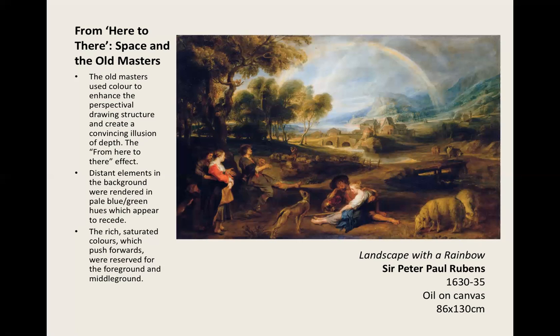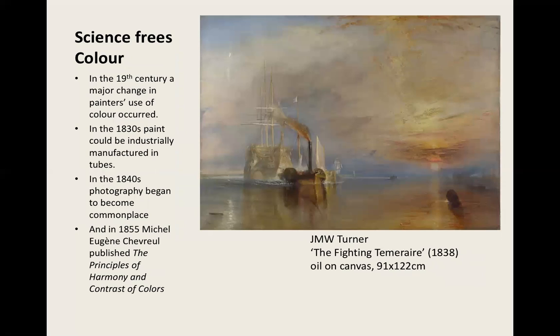It was very, very clearly understood. In some ways, it's a knowledge that has been lost, and one of the reasons it's been lost is because we have found different ways of articulating space, and the key thing that links that is the idea of colour.